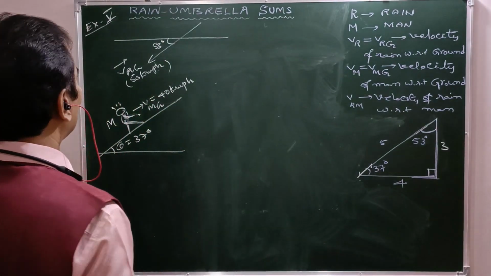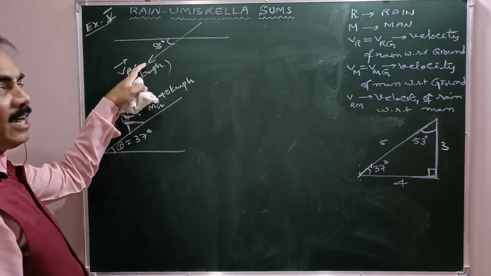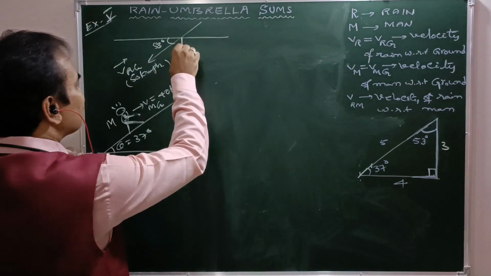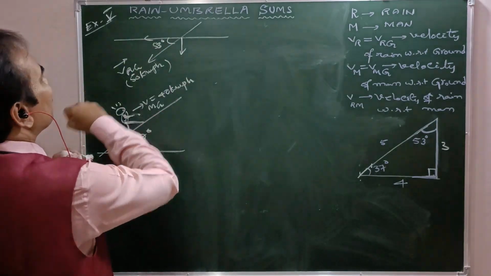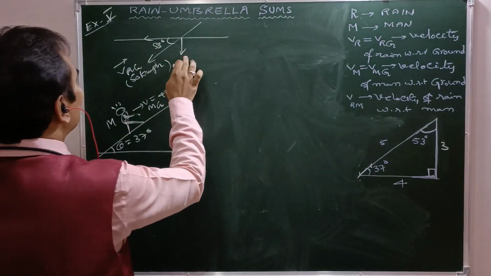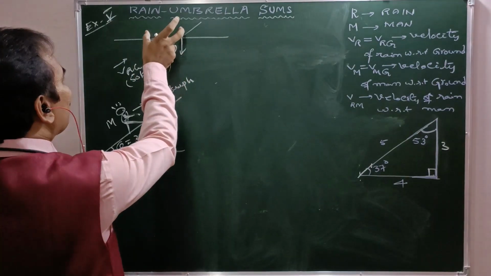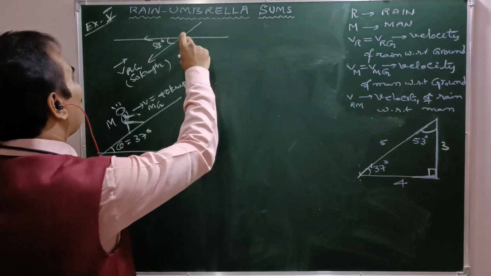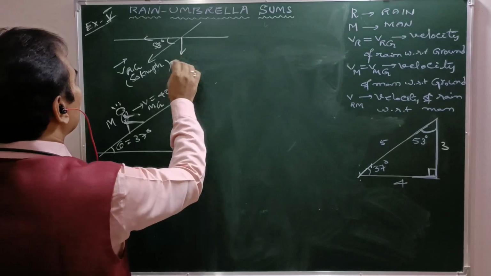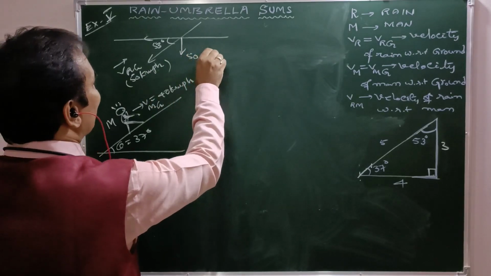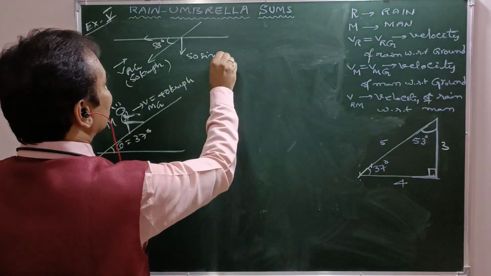Now, as usual, if I divide this vector into components, this is the vertical component, this is the horizontal component. The vertical component is the opposite component, so 50 sine 53 degrees.